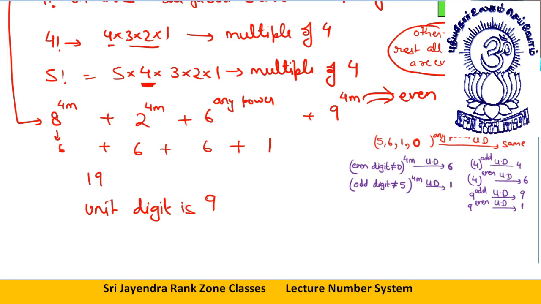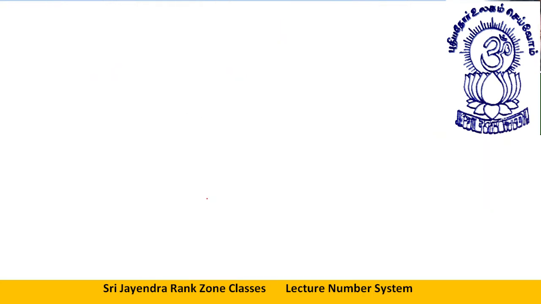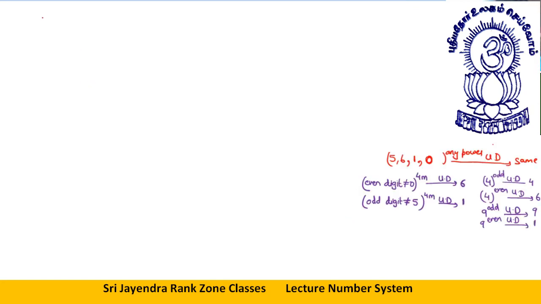The next question we have is, the unit digit of the following expression is: 1 factorial raised to power 1, plus 2 factorial raised to power 2, plus 3 factorial raised to power 3, plus 4 factorial raised to power 4, and so on, up to 11 factorial raised to the power 11.